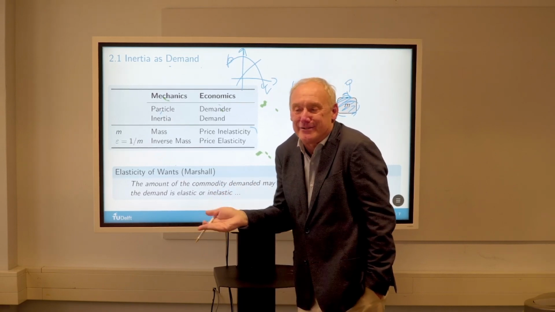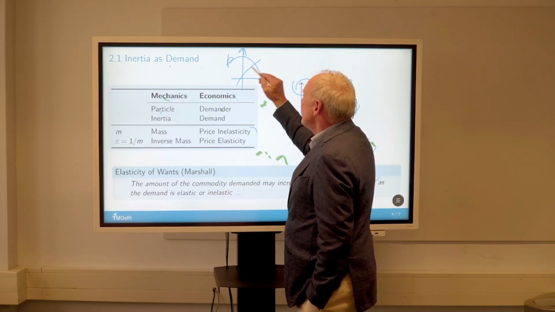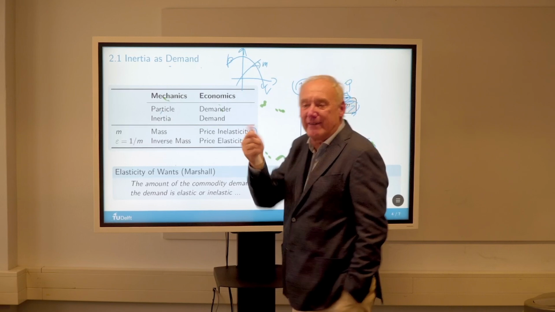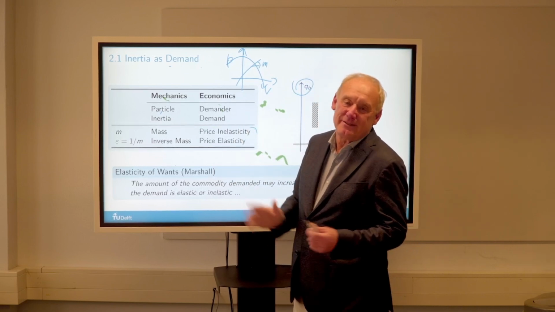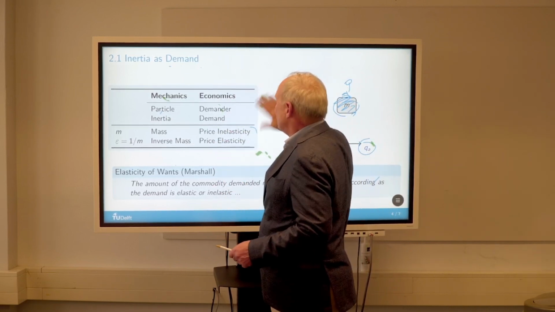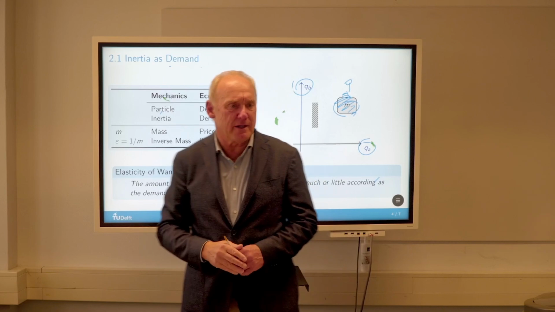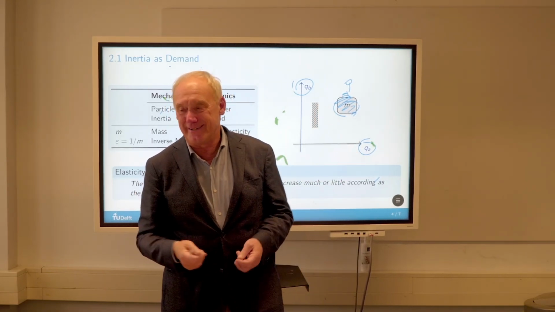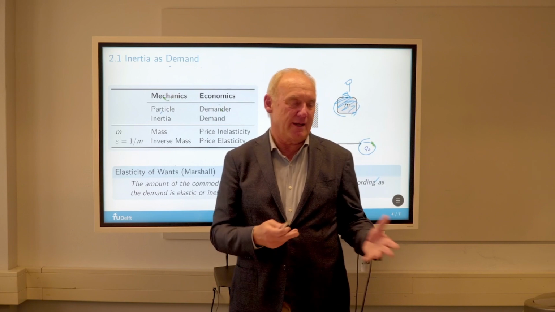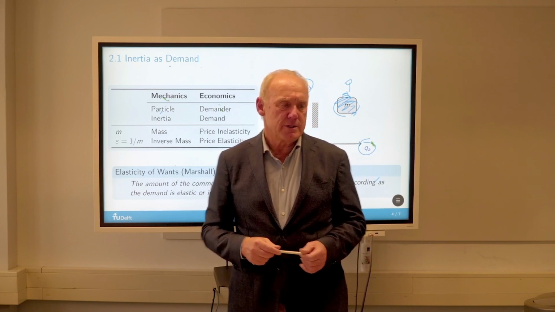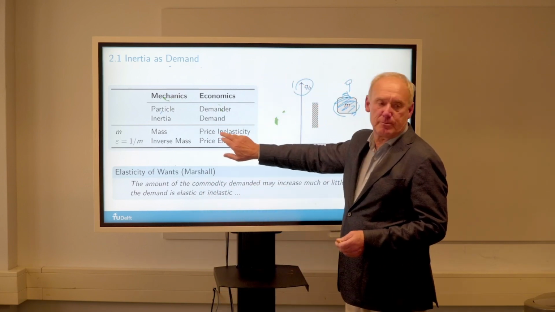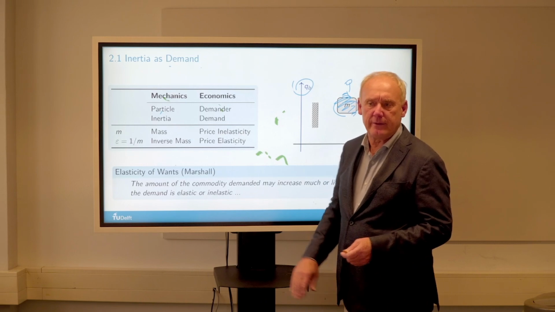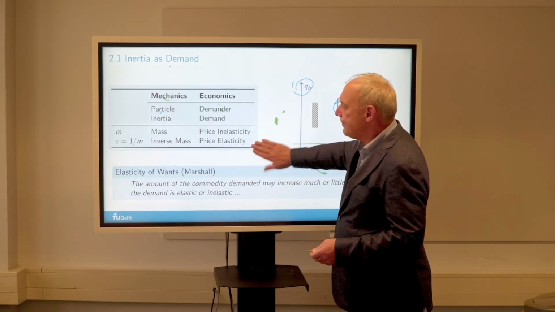So we're also drawing it the wrong way. If you do it the wrong way, you get the mass, and if you do it the right way, you get the inverse mass. Well, whatever. We'll come to this in more detail. But it's too late now to change something that's so ingrained. So we'll work with mass and price inelasticity.